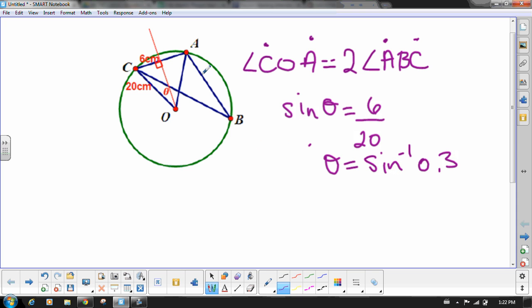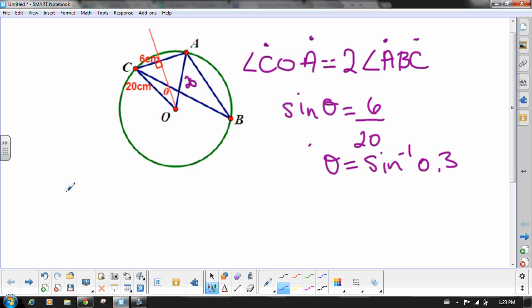The other way that you could do it is using properties of triangles. So if that one side is 20, that means this is also 20. So for triangle ACO, we have all three sides. Anytime you have three sides in a triangle, you can always determine the angle by using cosine law.